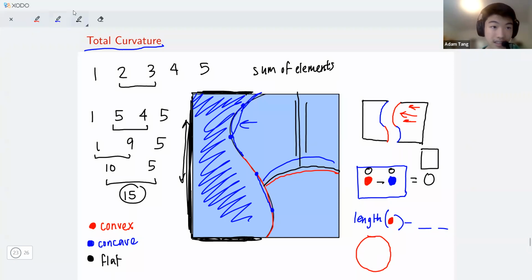And if you make a cut inside, it doesn't really matter what you do, these will always cancel out. Black goes with black, blue goes with red, red with blue. So the cuts don't make a difference in this invariant, because red minus blue will always be 0 for a cut. Because you have two sides and the sides cancel out.